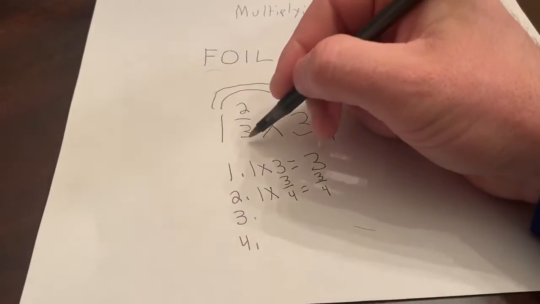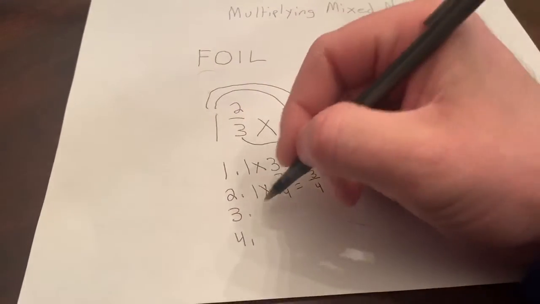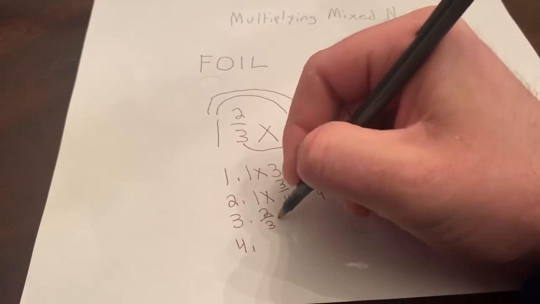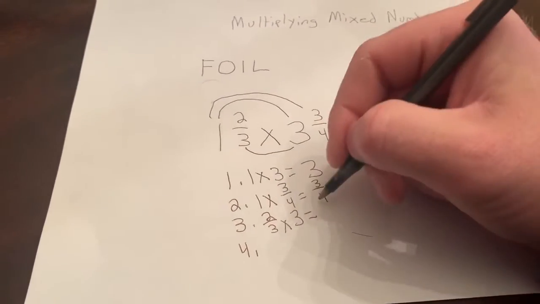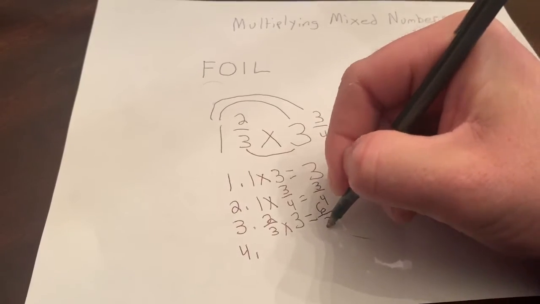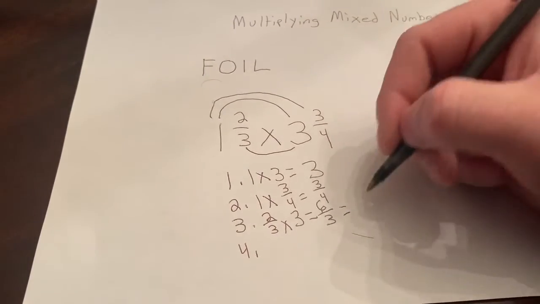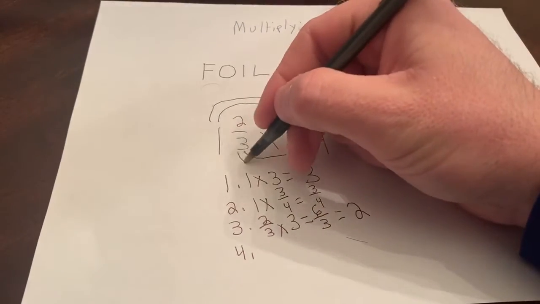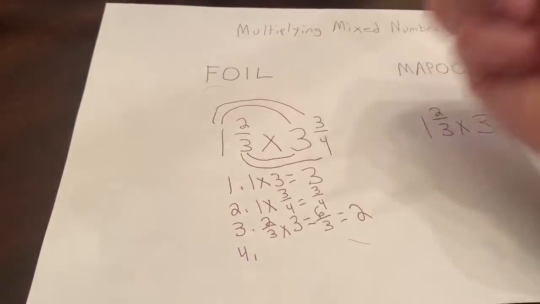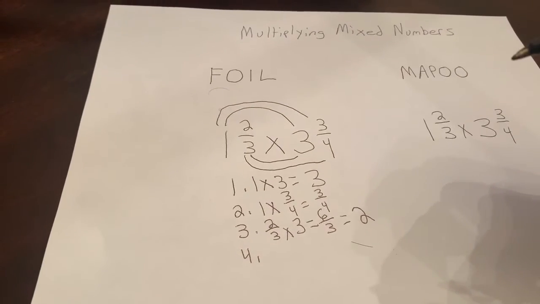Okay, then we do inner terms. 2/3 times 3. And that would be 6/3, and of course we can get 2 groups of 3 out of 6, so that's 2. And then we have last terms, which is 2/3 times 3/4.